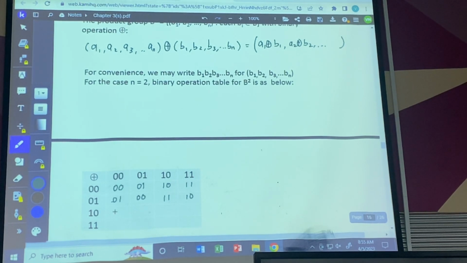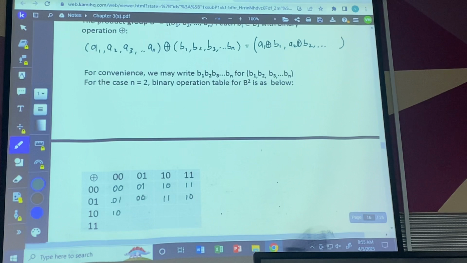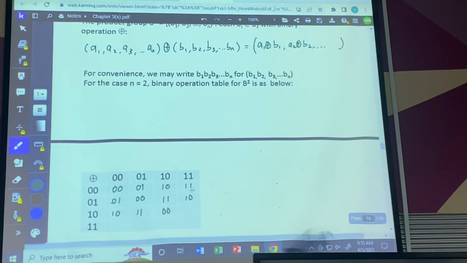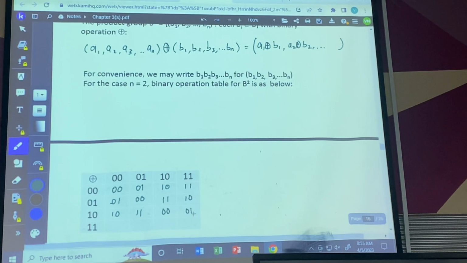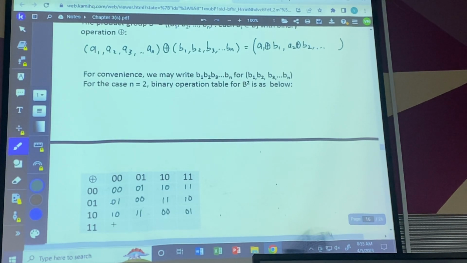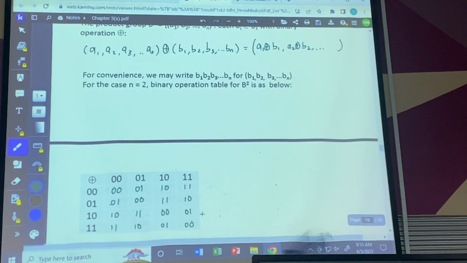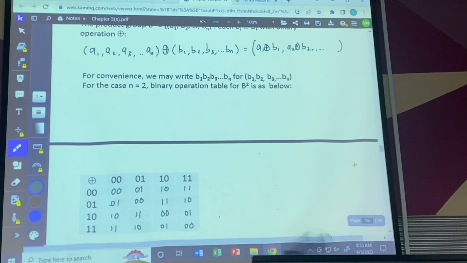Third row, 1 0, second 1 1, third 0 0, 0 0, and fourth 0 1, 0 1. Okay, fourth row, 1 1, this one 1 0, this one 0 1, 0 0. Okay?